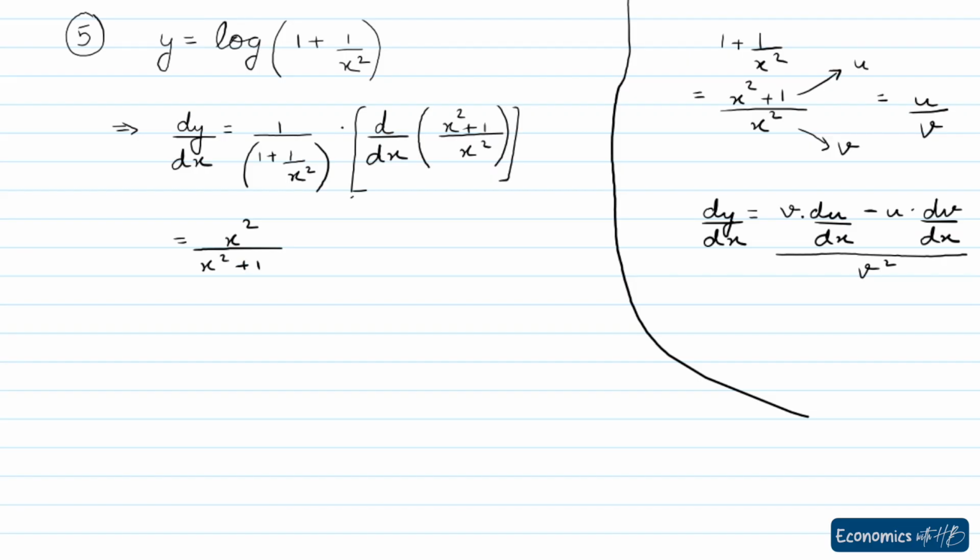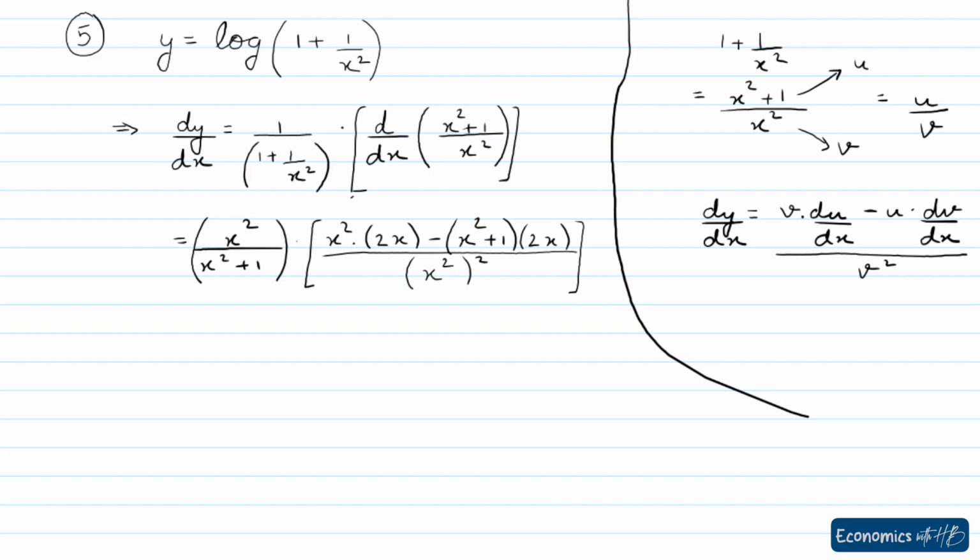So we get here x square over x square plus 1 into v, which is x square, into d by dx of this x square plus 1 is 2x, minus u, which is x square plus 1, into dv by dx, which is 2x, over v square. So v is x square whole square of this.